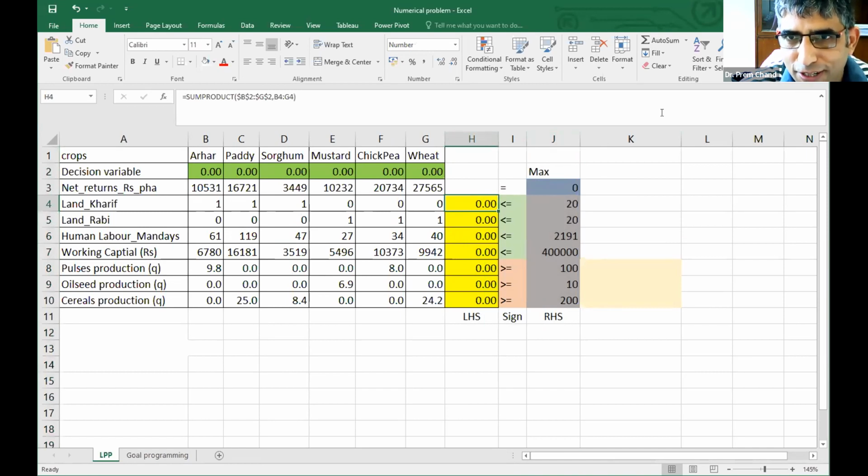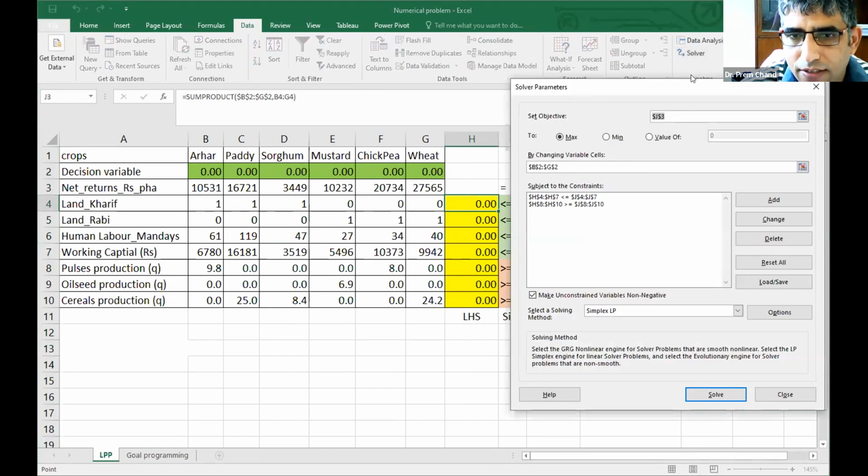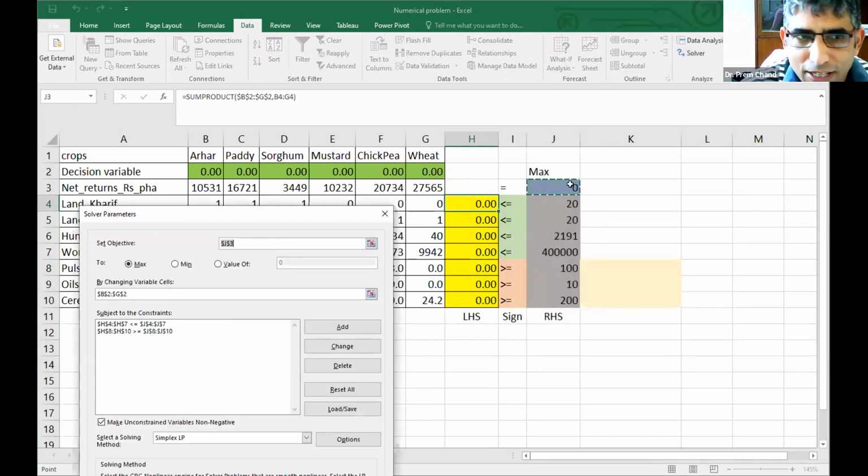What I will do, I will go to data and then solve it. As Dr. Kingsley said, my objective is to maximize net return. So which cell will I select?